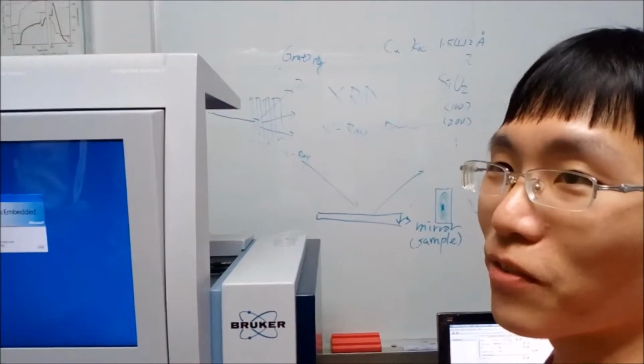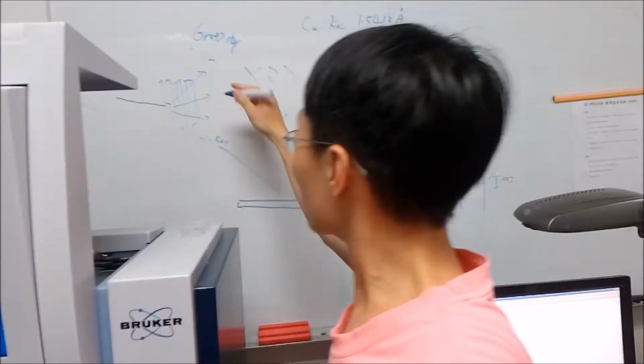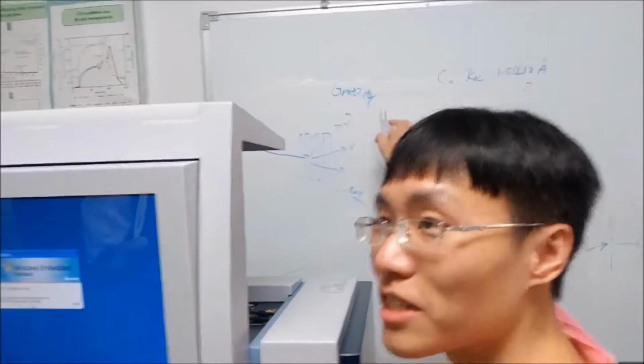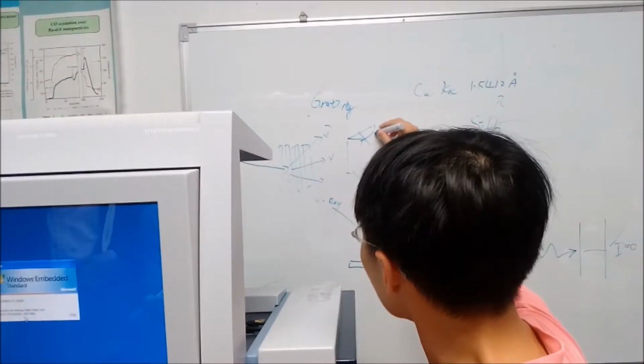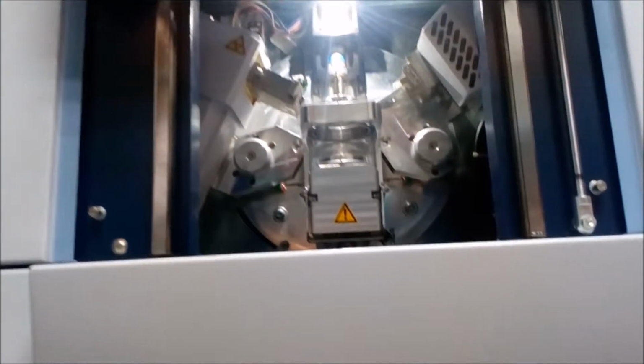Let me show what we need to detect. We just need this, we don't want this, so we use the grating to separate them. Then the detector is like a filter. The detector is behind this, and you can detect your diffraction peaks. That is the grating.